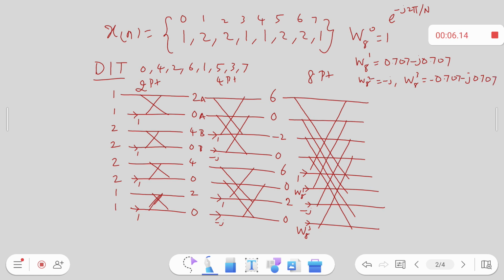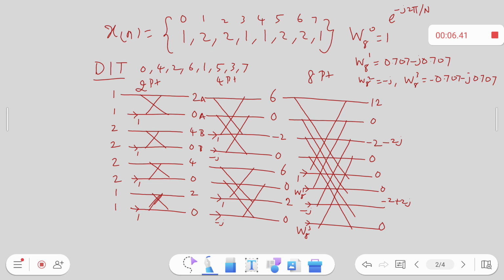Now I am applying these values and adding 6 plus 6, that will give you 12. Likewise, this is 0. Here it is minus 2, and this value is multiplied by minus j, so it will become minus 2j, and here it is 0 again. This is 0, and now you are getting 0. Then this value will be minus 2 plus 2j, and my final value is 0.